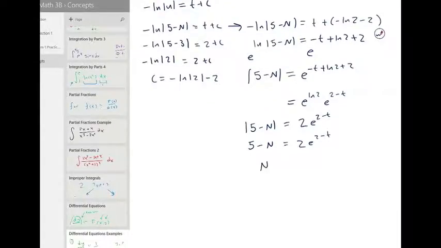And now we solve for n, and n of t is 5 minus 2 times e to the 2 minus t. And that is our solution.